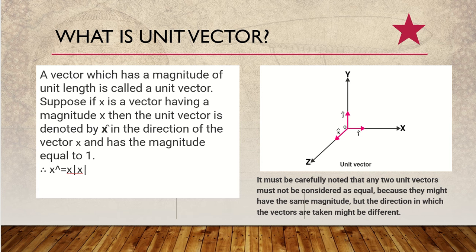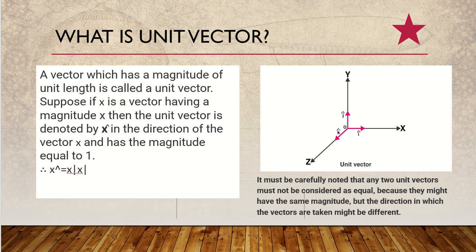What is a unit vector? A vector having unit magnitude. The name itself specifies the definition of the vector. Unit means 1. A vector having a magnitude of 1 unit length is called a unit vector.